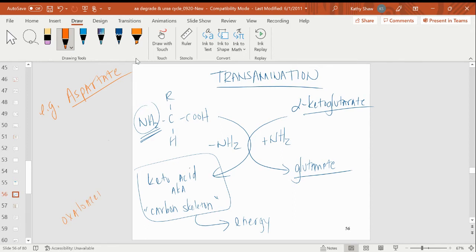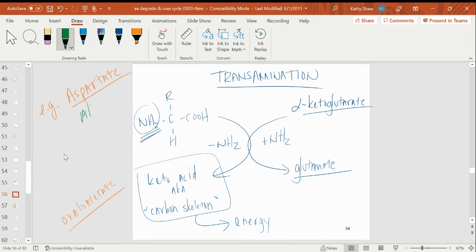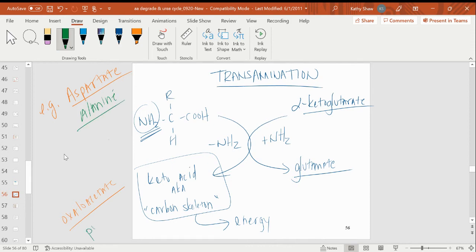If I asked you right now, what will you do with oxaloacetate? You'll say, well, I could put it in the Krebs cycle, maybe gluconeogenesis. Of course, it depends on what the cell has and what the cell needs, but you know all the places you can put oxaloacetate. The other one we talk about a lot is alanine. If I take the amino group off of alanine, that's going to give me pyruvate.